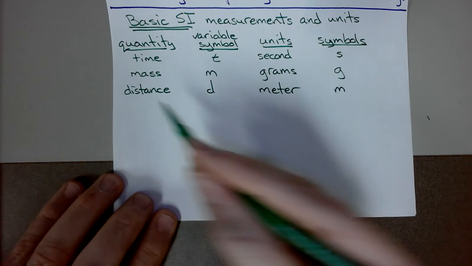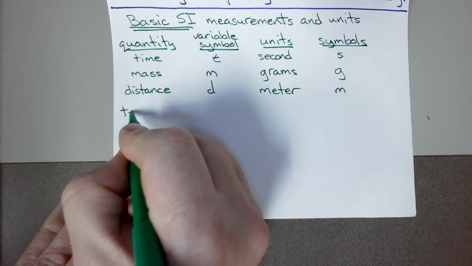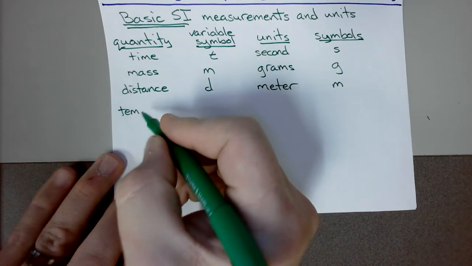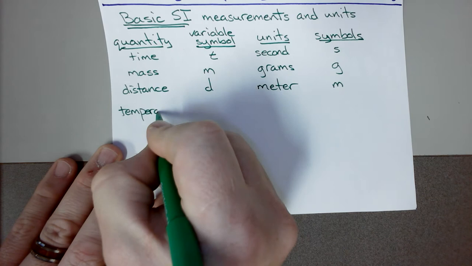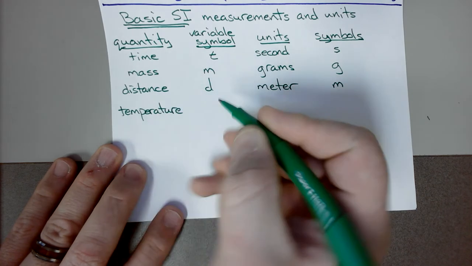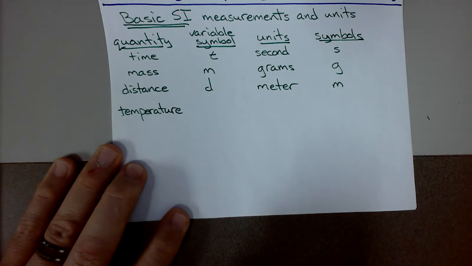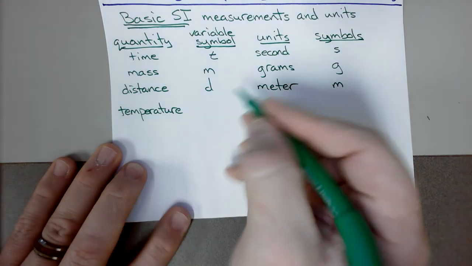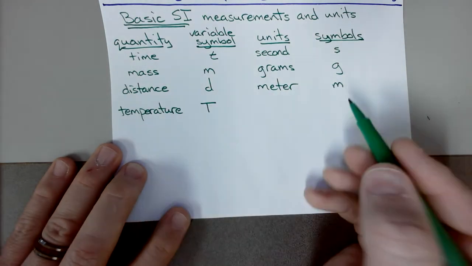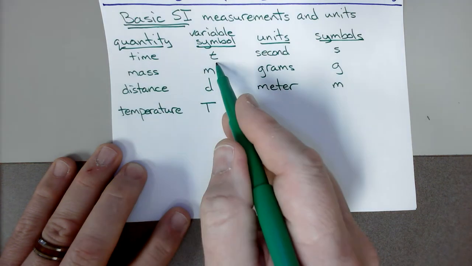The next would be temperature. The variable would be a capital T. You can't use a small t because small t is already used for time.